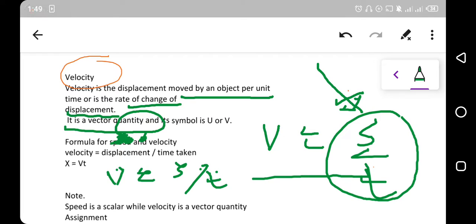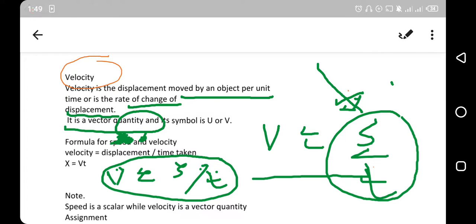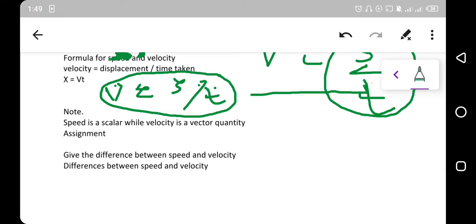So this is the formula for finding the velocity. Note: speed is a scalar, while velocity is a vector quantity.